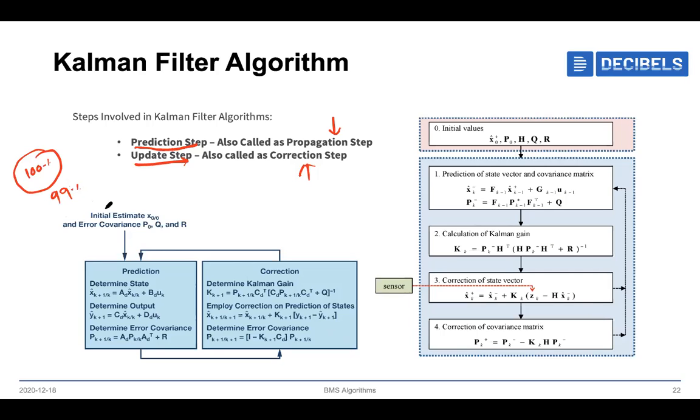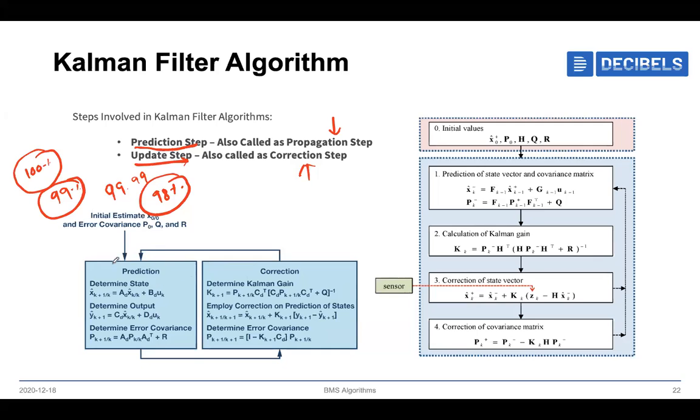This 99% will be sent to the update step. In the update step, Kalman gains and some error covariance will be added to this value. Then they'll update it to maybe 99.99% or 98%, depending upon the Kalman gain it is taking. Kalman gain is something like a controller, so it will control this output.